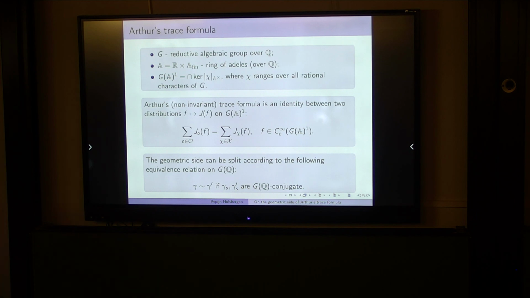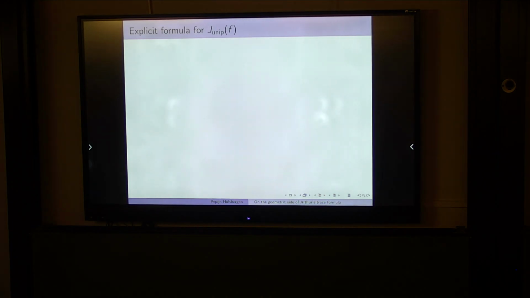There is one particular distribution in this geometric side I would like to focus on, and this is the unipotent distribution.